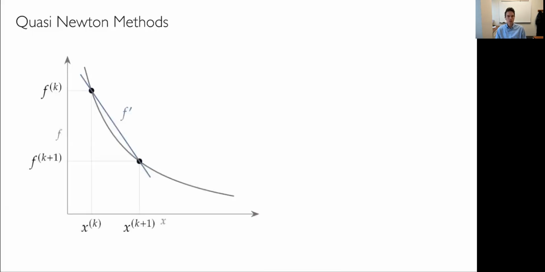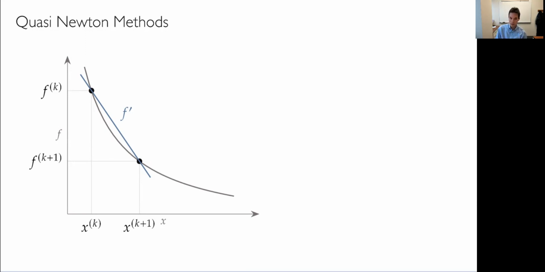Here's a visual of this. If I evaluate my function at two nearby locations and take this slope, I can get an estimate for a derivative. In other words, I am getting first order information from function values.